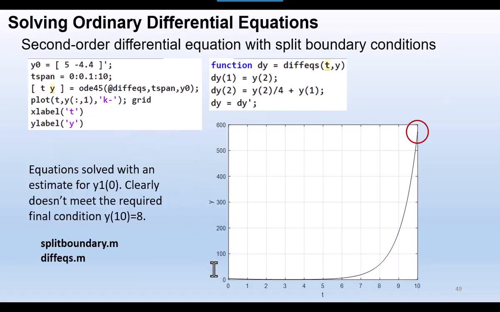So this is what we found with our first solution, where it ended up with a huge final value, and it needs to be down here somewhere at 8.